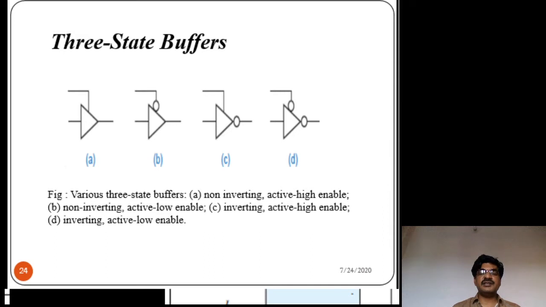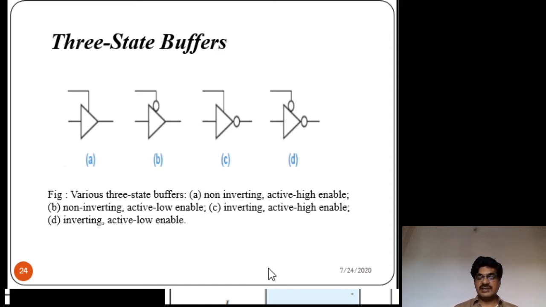One of the advantages is to reduce the number of output lines. Because of these tri-state devices, you can reduce the number of devices and share a common bus for transmitting data from many sources to the output. So you can see the advantages of tri-state buffers.